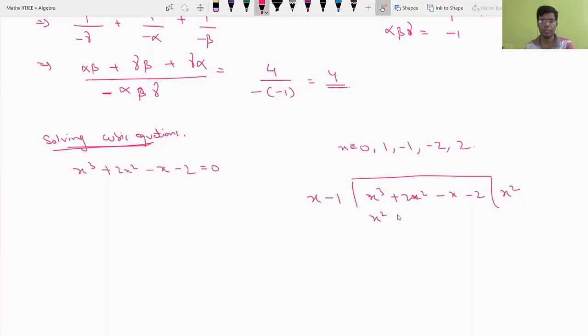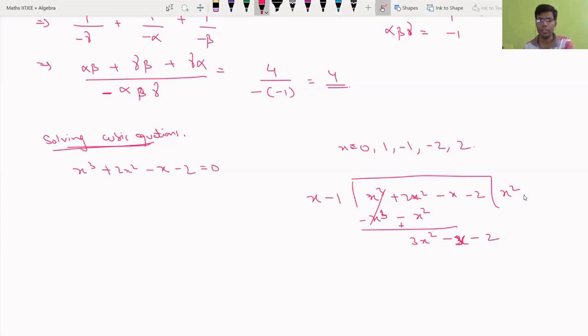Subtracting x cube minus x square, this will be gone, and I will have 3x square minus x minus 2.